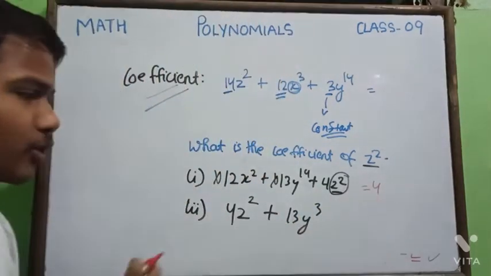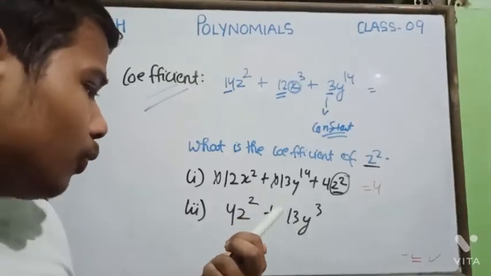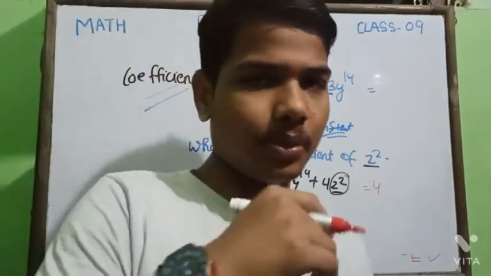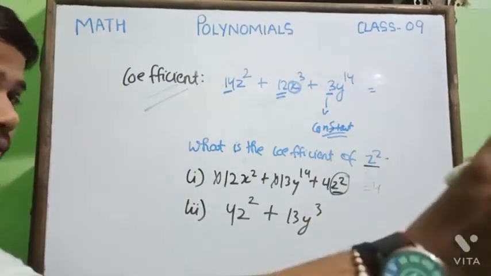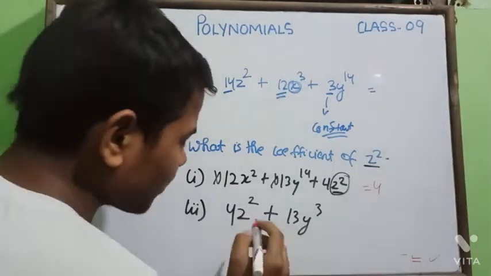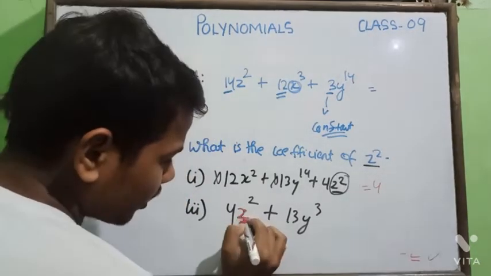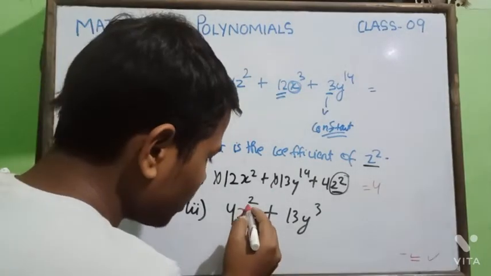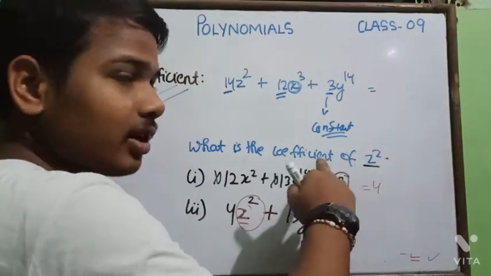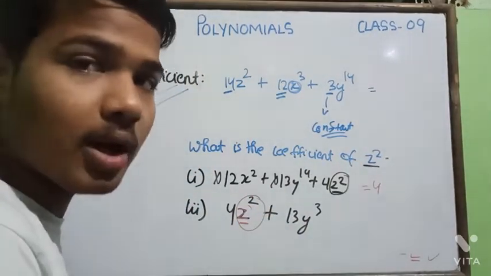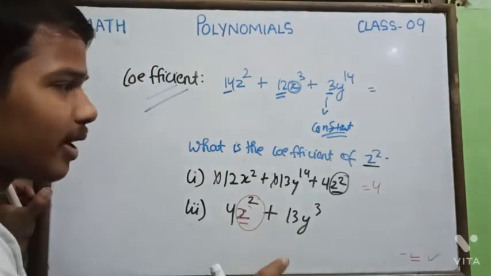Now move on to the next question. I hope you can do this on your own, and please comment in the comment section if you know. Otherwise I am going to tell you. First of all, see that here it is z. What is it asking? The coefficient of z².